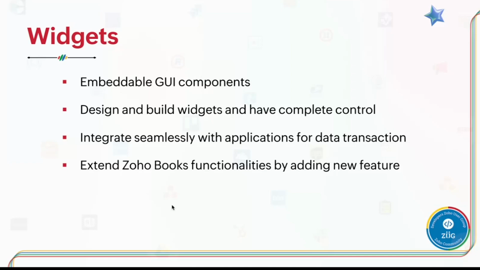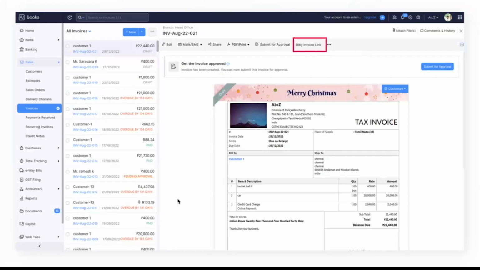So let's see a scenario to understand widgets in detail. In this particular case, we have created an integration between Zoho Books and Bitly, which is a URL shortening service.